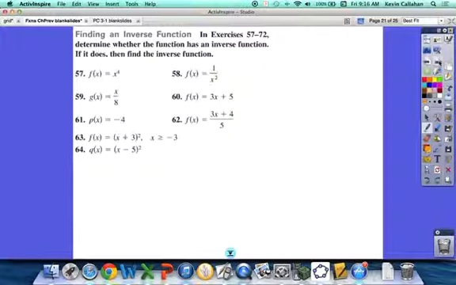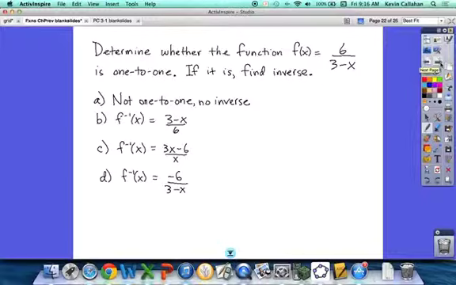If you don't remember the whole process, then look at this problem right here. Determine whether this function right here has an inverse, is 1-to-1, sorry, because that's the way it'll be worded on the test. And if it does, find the inverse.